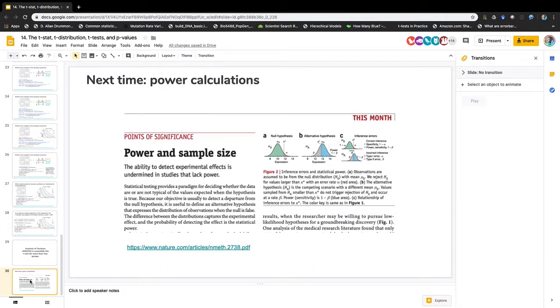All right, so my desire is at the end of November, on the Monday before Thanksgiving, I'm going to give the next talk on power calculations and how that is driven by sample size. If you've ever written a grant or gotten a bad review on a paper, sometimes reviewers say, well, your sample size isn't large enough.